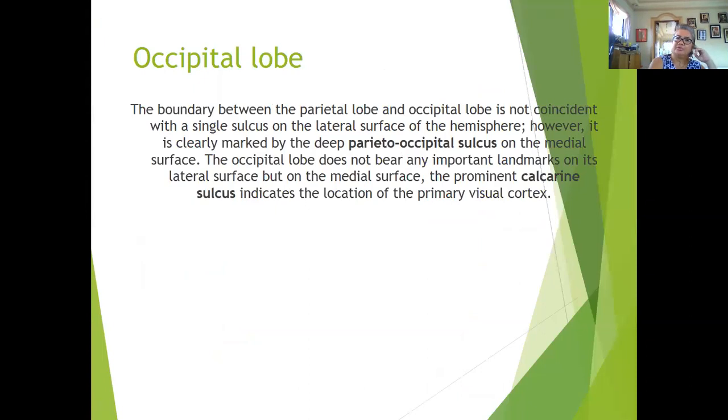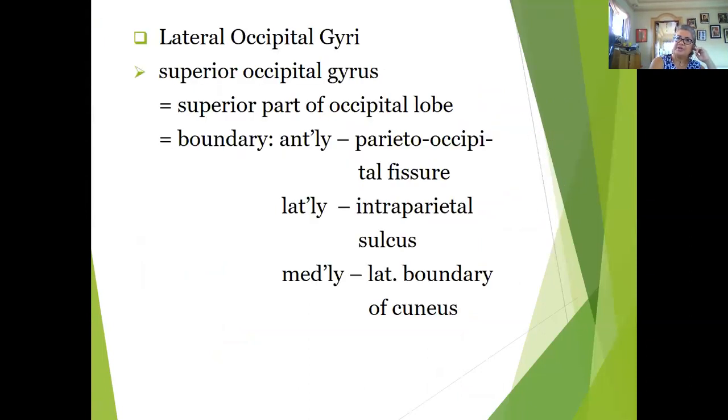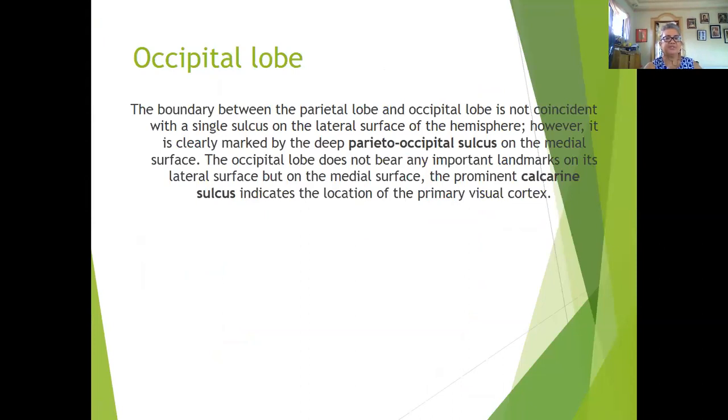So we go now to the most posterior portion of your cerebral hemisphere, which is your occipital lobe. The boundary between the parietal lobe and the occipital lobe is not coincident with a single sulcus on the lateral surface of the hemisphere.